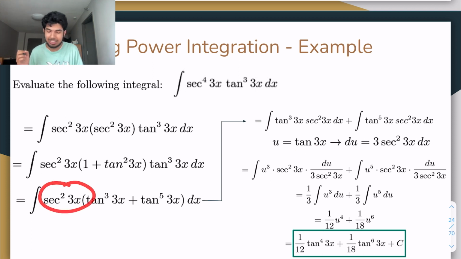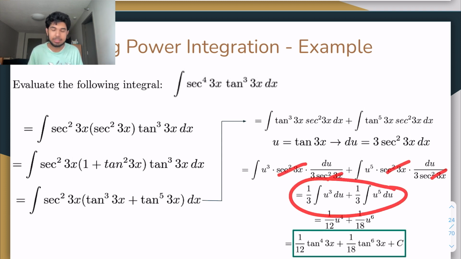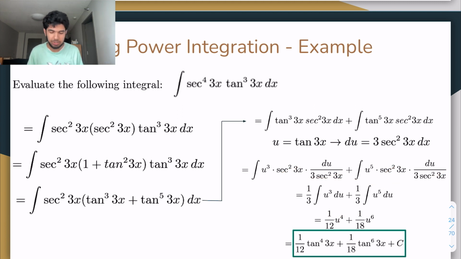So we wanted to save a secant squared so that way we could cancel it further down the line. Do your typical substitution, you'll see that the secant squares cancel, and now we're left with a very simple integral in the u world. Use the power rule, get to here, substitute your u in, and get the final answer.